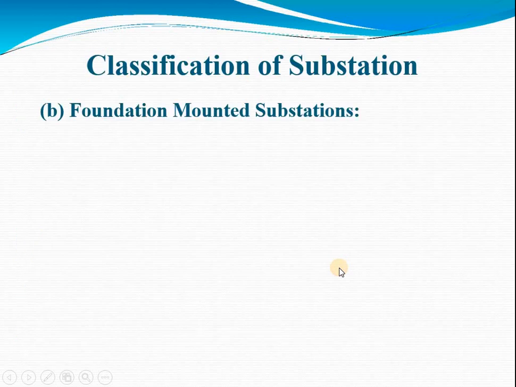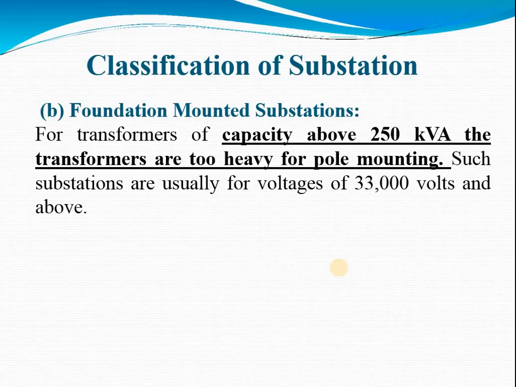The second subtype is foundation mounted substation. For transformers of a capacity above 250 kVA, the transformers are too heavy for pole mounting. Such substations are usually for voltages of 33,000 volts and above. So we require a foundation, and on that foundation we mount the transformer beyond 250 kVA.